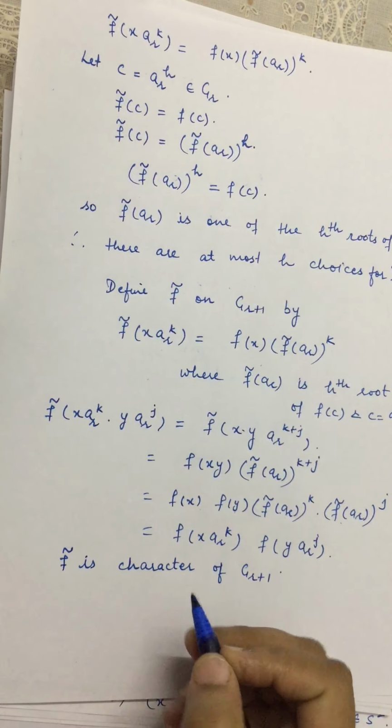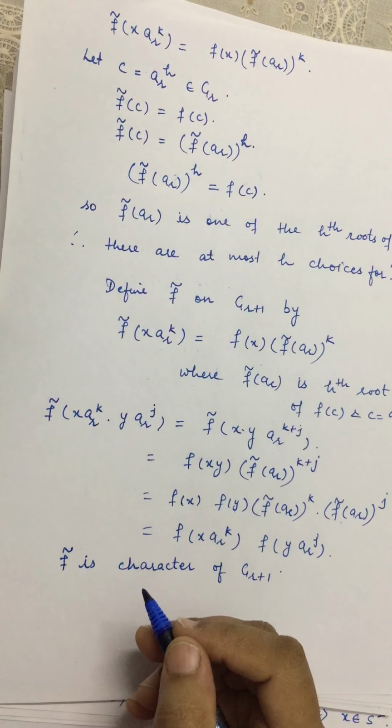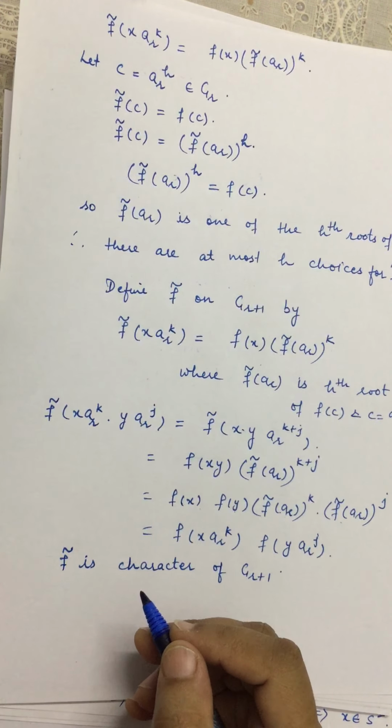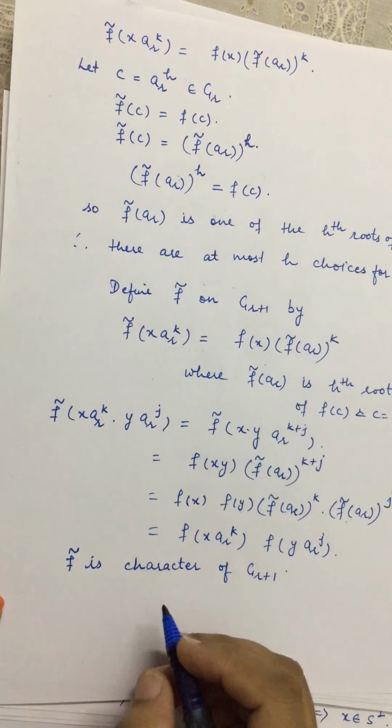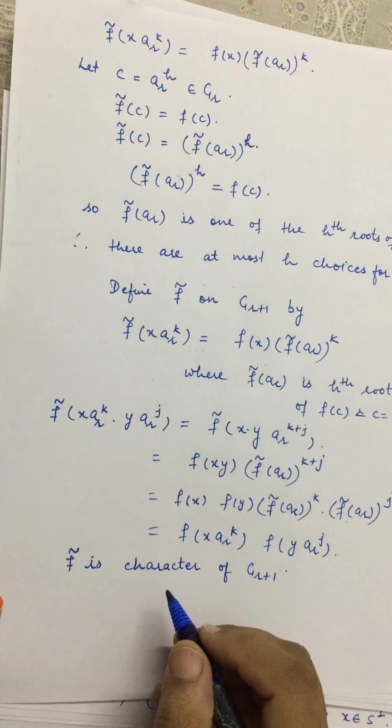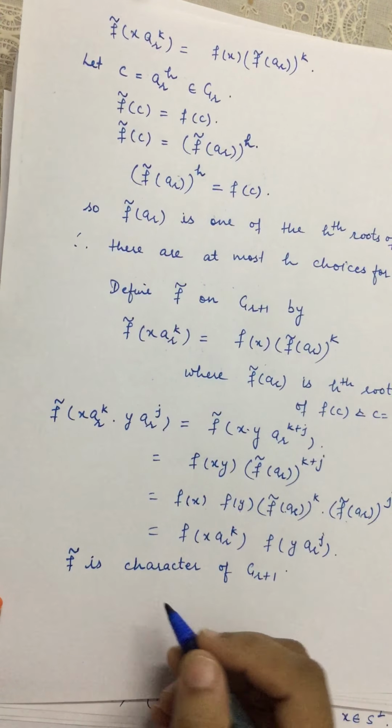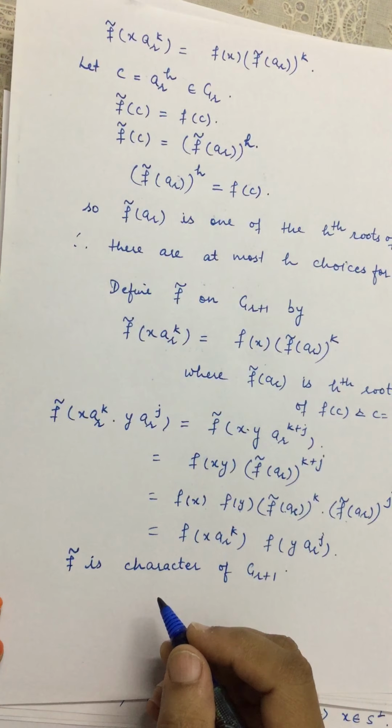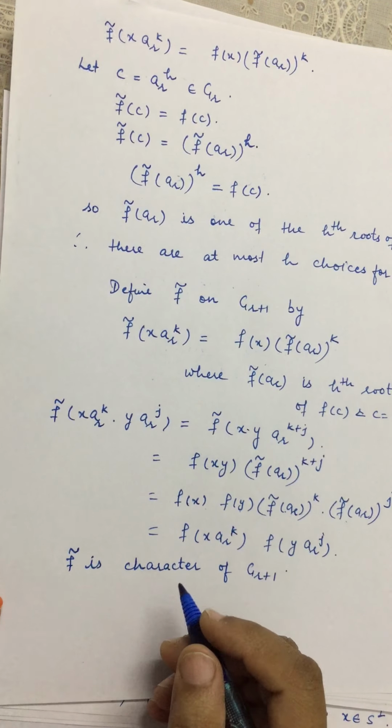Now up to this we have proved that every character of GR can be extended in h different ways to a character of GR plus 1. So now we will prove that two of the extensions, let us say f curl and g curl, cannot be identical on GR plus 1.